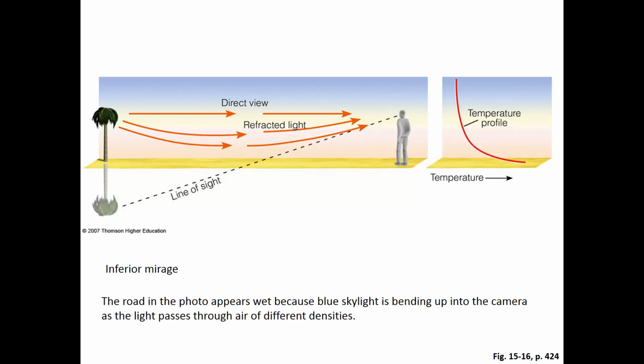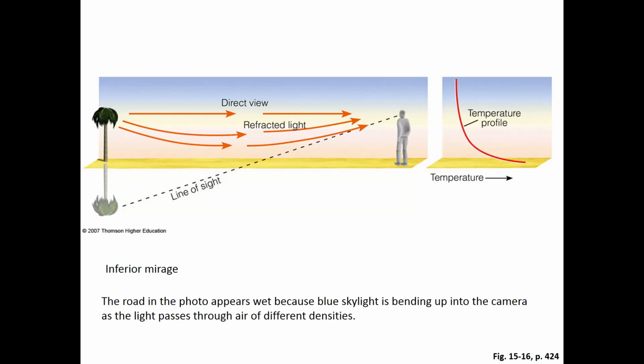Now, one of the interesting things about this is the air near the ground, because it's so hot, it's also substantially less dense. And because of that, it behaves like a different medium than the cooler air above it. And so the density of the air here near the ground is much lower than the density of the air a few feet above the ground.